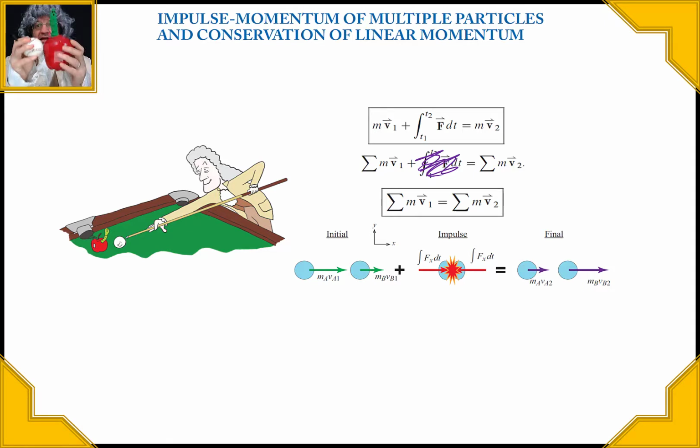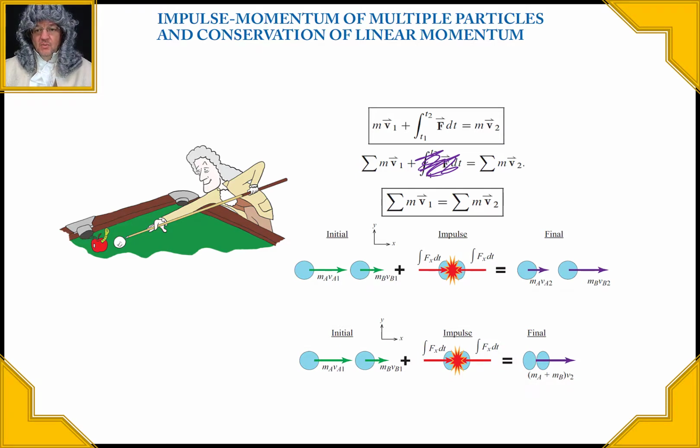So they cancel each other out. That's if you have both particles included in the impulse and momentum diagram. That's an important thing. So we have impulse and momentum before and impulse and momentum after right here.